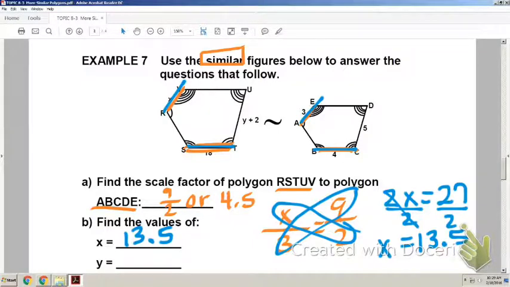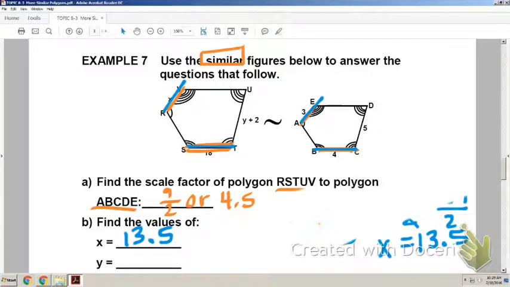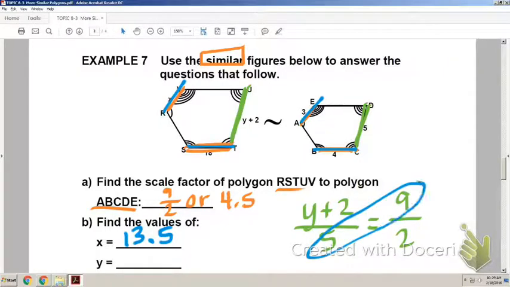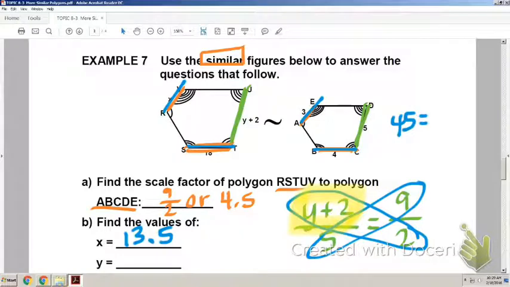Okay, now I need to do the same thing for y. When I set up for y, now I'm looking at UT, so y plus 2, over its corresponding side, which is 5. And again, I can use the scale factor to set it equal, so that will be 9 over 2. Again, cross multiply, so that would be 45 equals, now when you have a number times y plus 2, or an expression, you have to distribute.